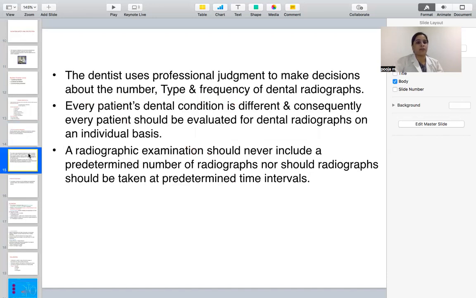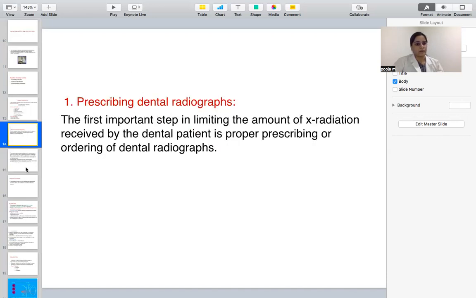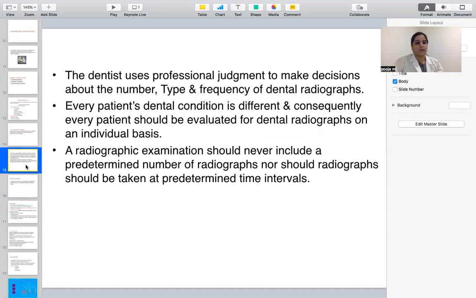The dentist should not have a predetermined thought about the number of radiographs, so that each patient's condition is evaluated individually, and the type, the frequency and the number of radiographs needed for each patient, only those should be advised for the patient. So assess the patient's condition on an individual basis and prescribe a radiograph and type of radiograph as and when needed. It should not be predetermined.